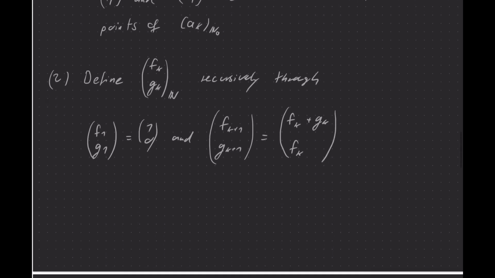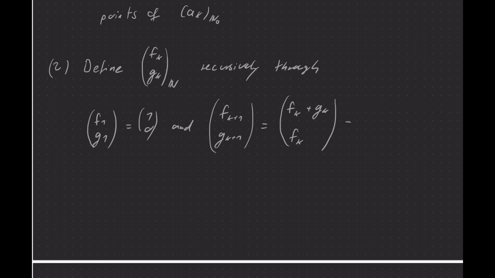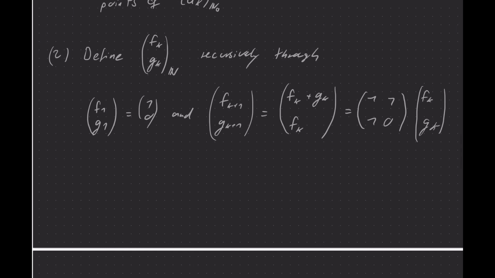Okay, and if you want, you can also write this conveniently in matrix vector form. So you can just say this is a matrix multiplied with the vector (F_k, G_k), and the matrix would then have to be 1, 1, and 1, 0. Looks that way. Okay.